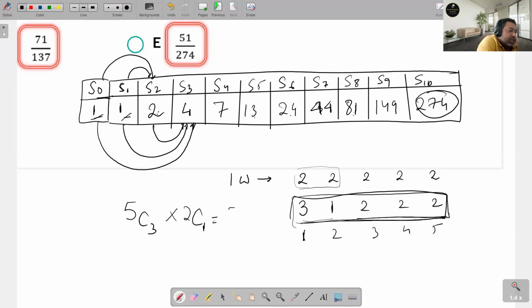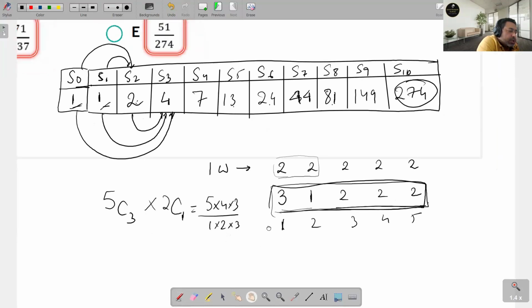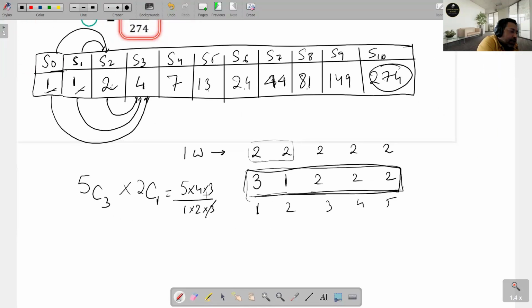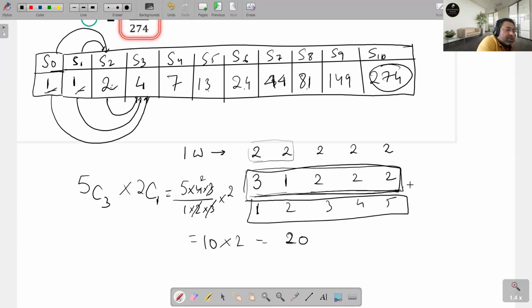So 5 choose 3 is 5 into 4 into 3 divided by 1 into 2 into 3, which is 10, into 2 choose 1, which is 2. So that's 20. There are 20 ways I can arrange this. The first one was one way only.